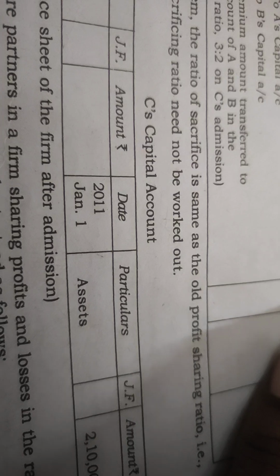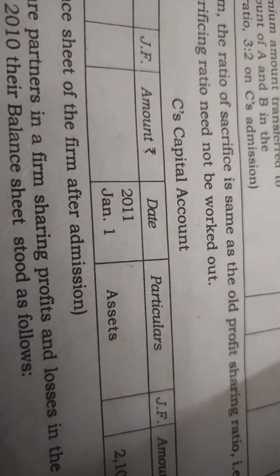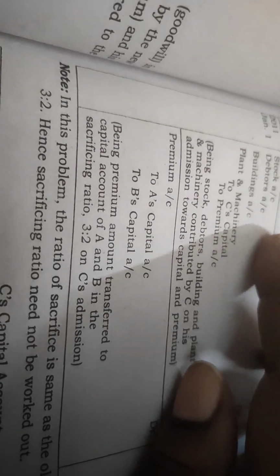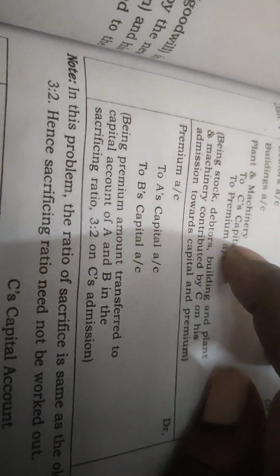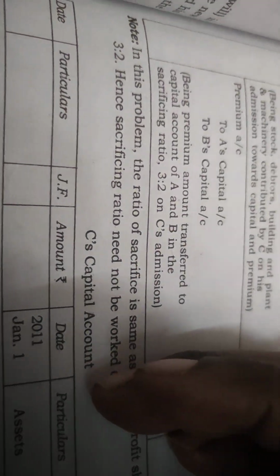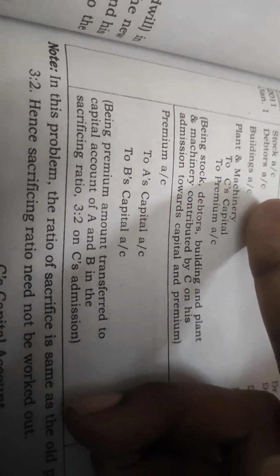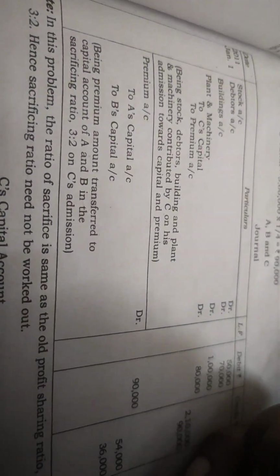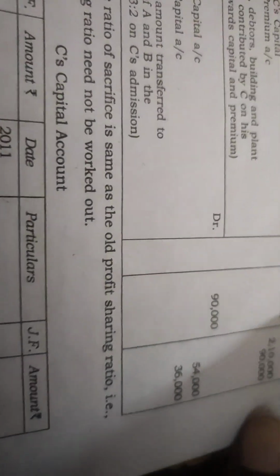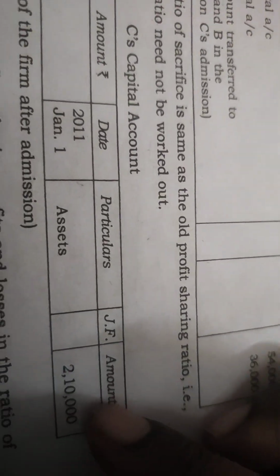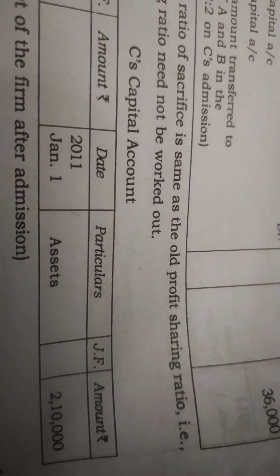In the journal it is written as assets account debited to capital account, so when we are making the capital account, this asset amount will be transferred to the credit side. So the asset amount, 2,10,000, is given on the credit side. That's all for today. Thank you.